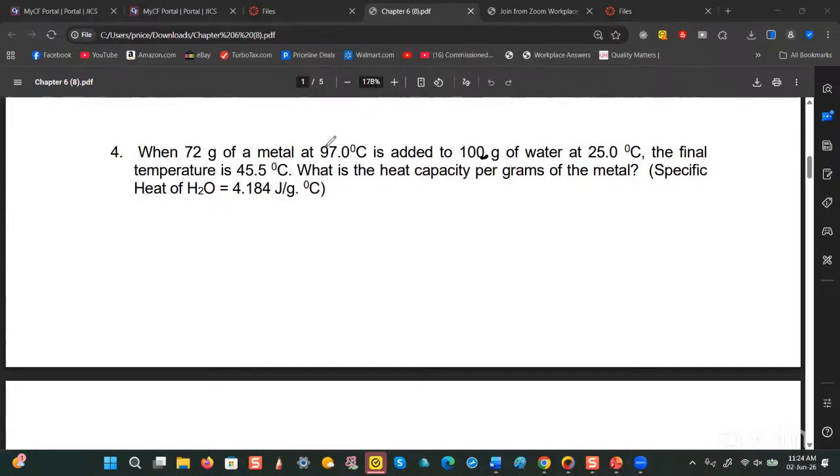So let me ask you, what would be the first step? And you feel free to go back in your notes to see what we did in that example. What would be the very first step that you would take in this process? What would be the first step?